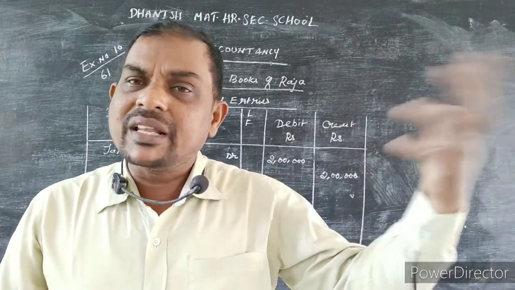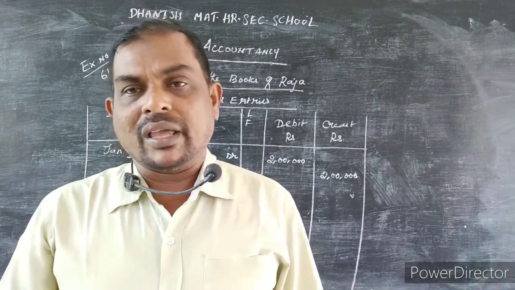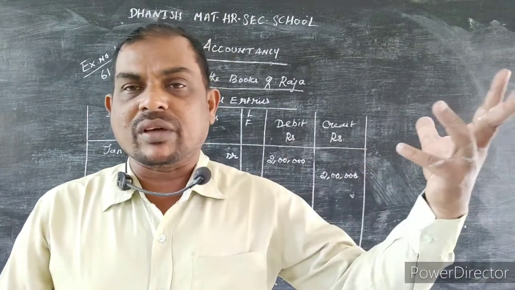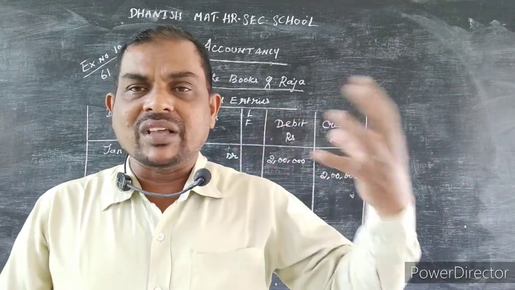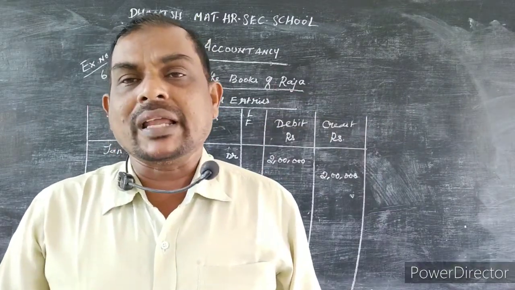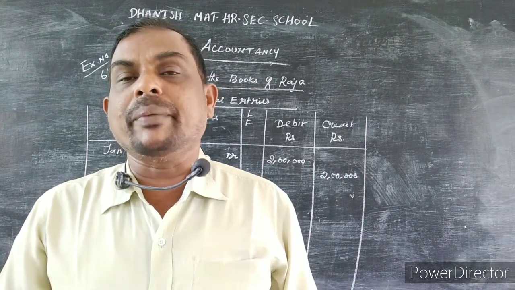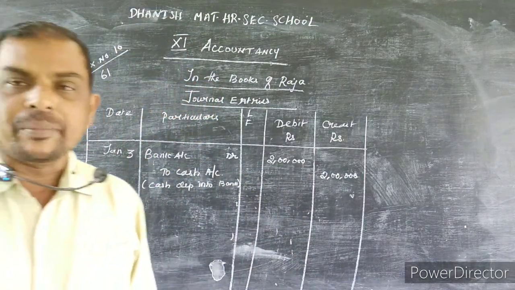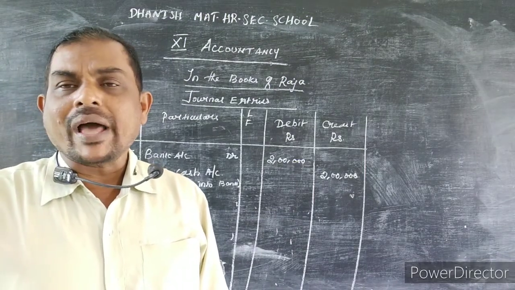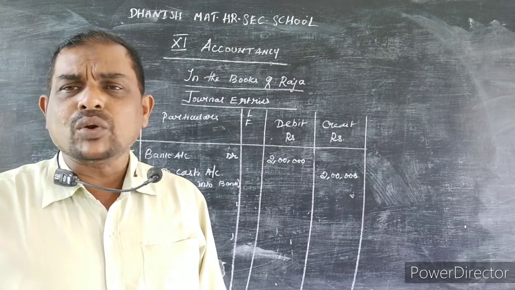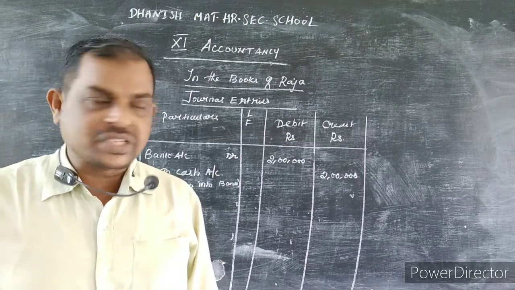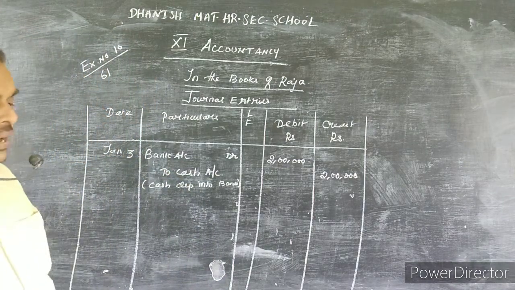Then this bank loan will be received by whom? Raju's bank only. Raju's bank account is receiving. As per the personal account rule, debit the receiver. So when the other bank gives the loan, Raju's bank receives the amount, so bank account will be debited. Then he is getting a loan. Bank loan is a liability, so bank loan will be credited and bank account will be debited.